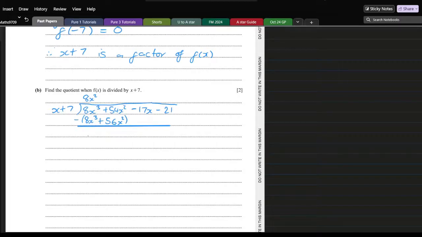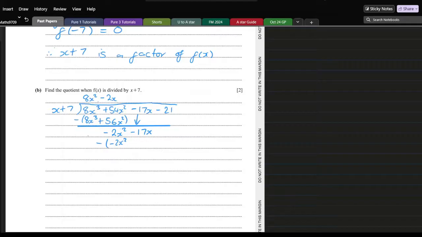Then 54x squared minus 56x squared, that's minus 2x squared. Bring down the negative 17x. Alright, then we're going to say x into negative 2x squared, that gives us a negative 2x. Then x times negative 2x, that's negative 2x squared.